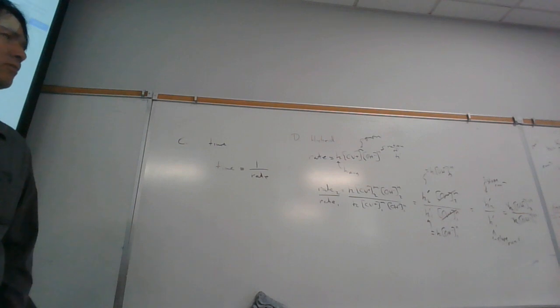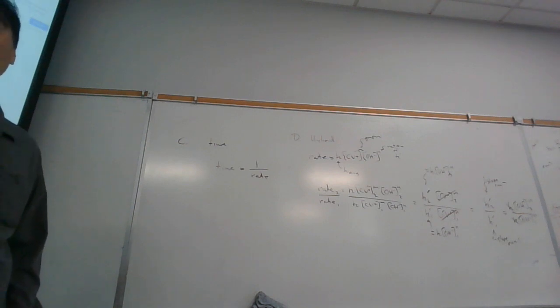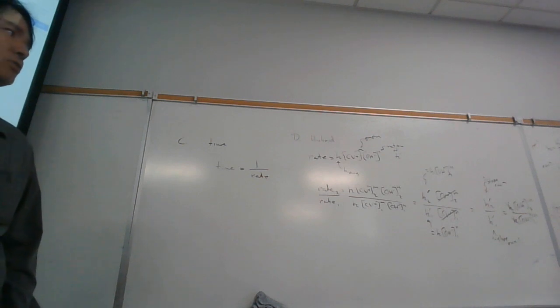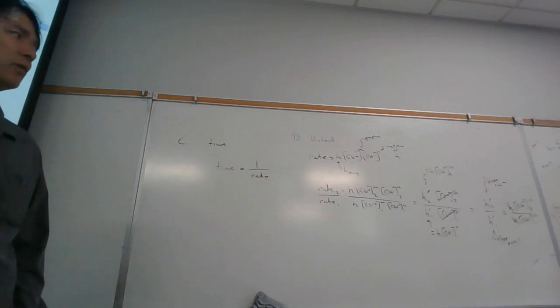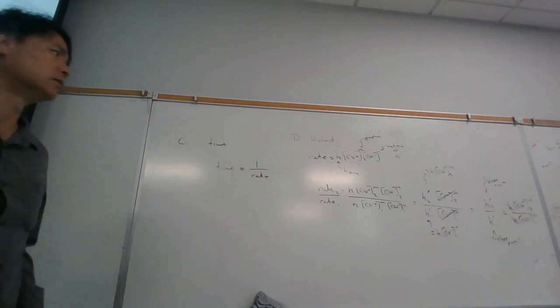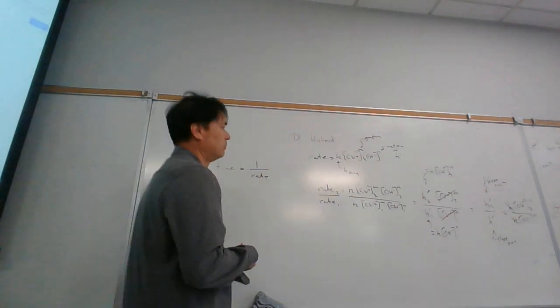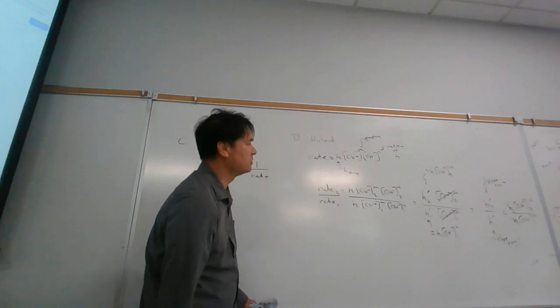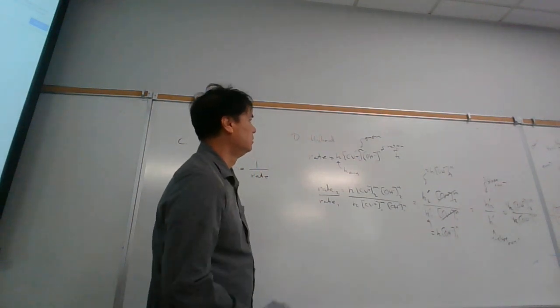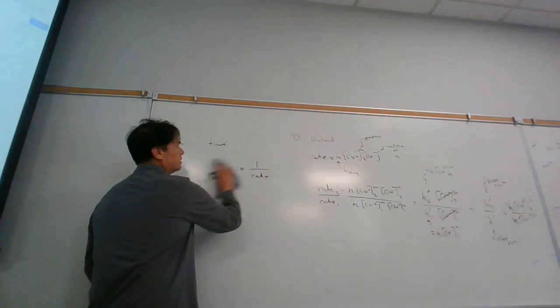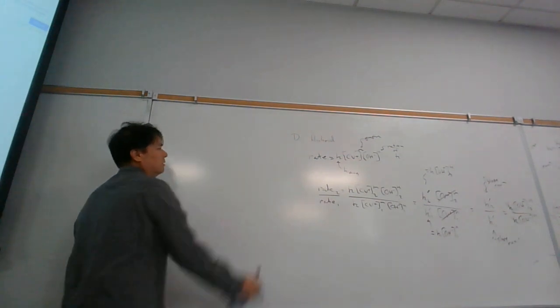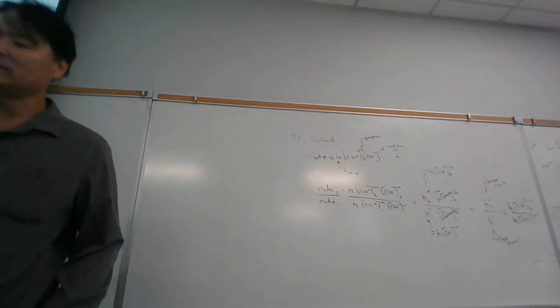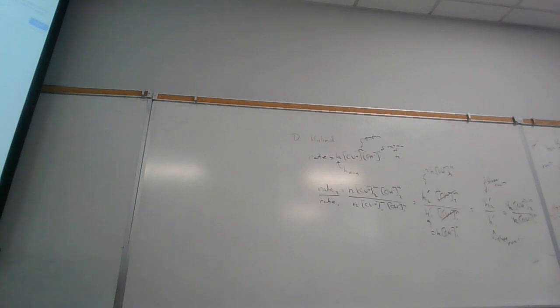Here, we're going to just take the ratio of the k primes to the rate constants, which are going to give an indication of the rate. If k prime 2 is twice k prime 1, then the reaction is twice as fast. If k prime 2 is 4 times, then the reaction is 4 times as fast. Or if it's the same, then it's no change, it's just as fast. And so this is kind of a hybrid method. It's similar to the method of initial rates, but we're using these pseudo rate constants instead.